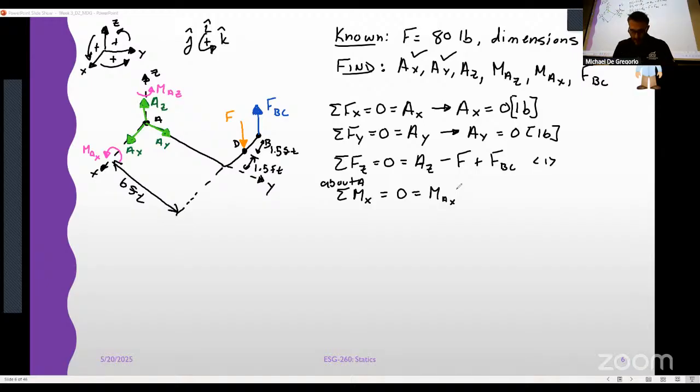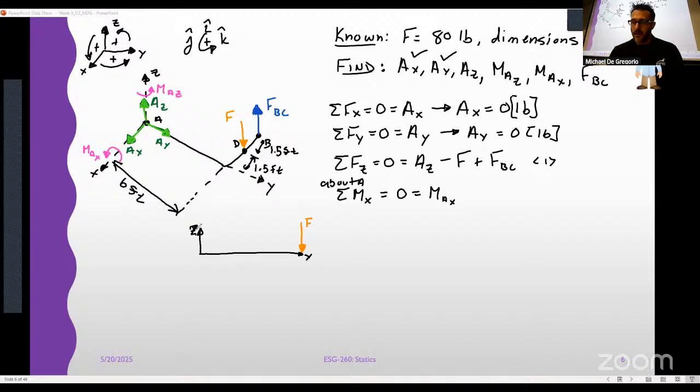Okay, so let's talk about F. Let's look at this picture. If I drew this in the YZ plane, this is what we're looking at, right? And if I push down here with F, is that going to create a positive or a negative moment? Sorry, this is Y. There we go.